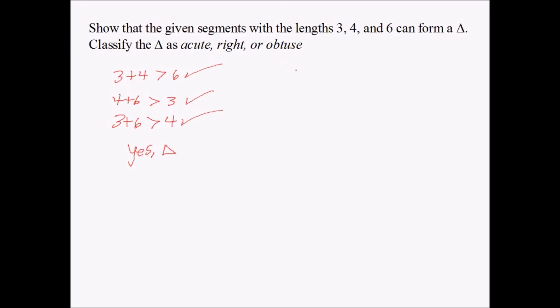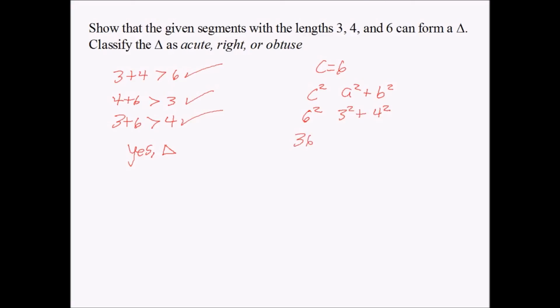Now we have to tell if it's acute, right, or obtuse. c has to be 6 because 6 is the biggest number. So when we plug in the c squared, a squared, and b squared, I don't want to do my equal sign here. I just want to see if it's acute, right, or obtuse. I have 6 squared and 3 squared plus 4 squared.